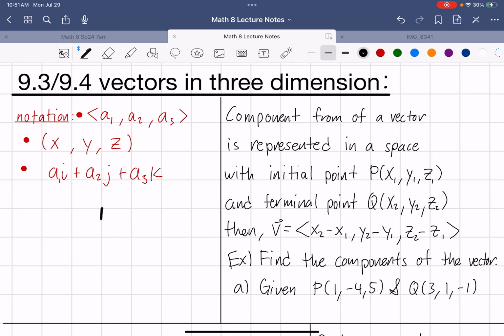Let me just show you visually what that means. So we always had our x and y axis, but now we're going to have the z axis as well. So this is my y, this is my x, and then this one going straight up now is my z.